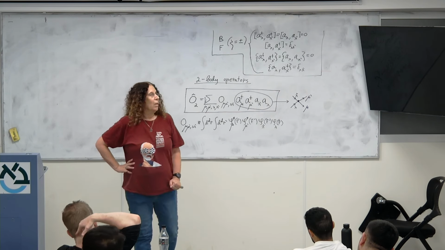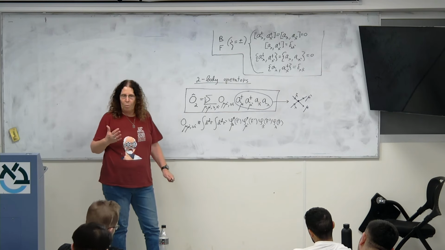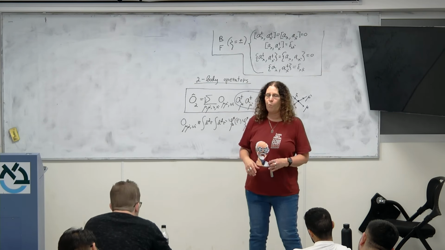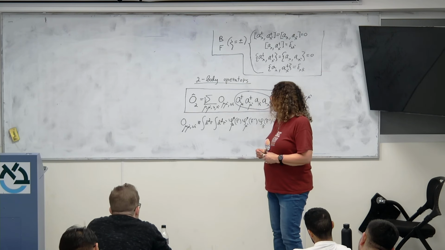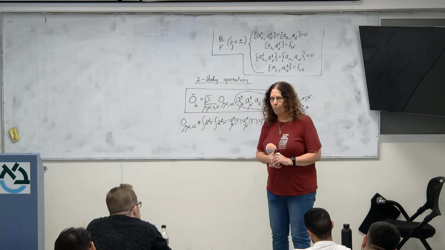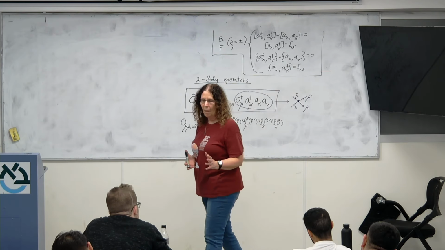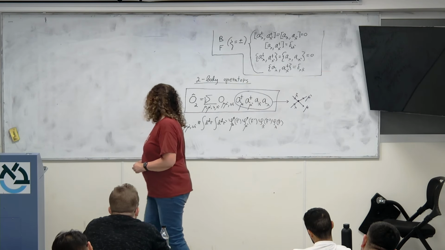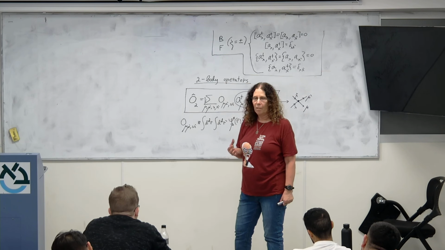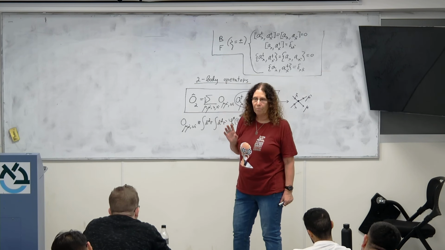But we know that it's true. We know that in a metal, a free or almost free electron gas is a good description of the electronic state. And the Coulomb interaction can be treated perhaps as a perturbation.